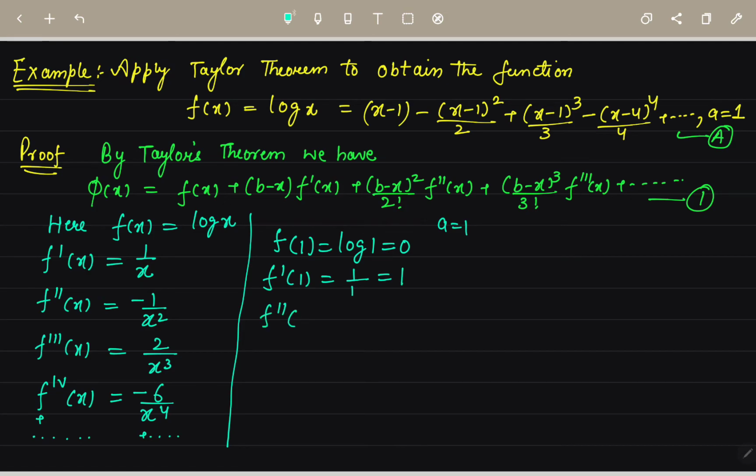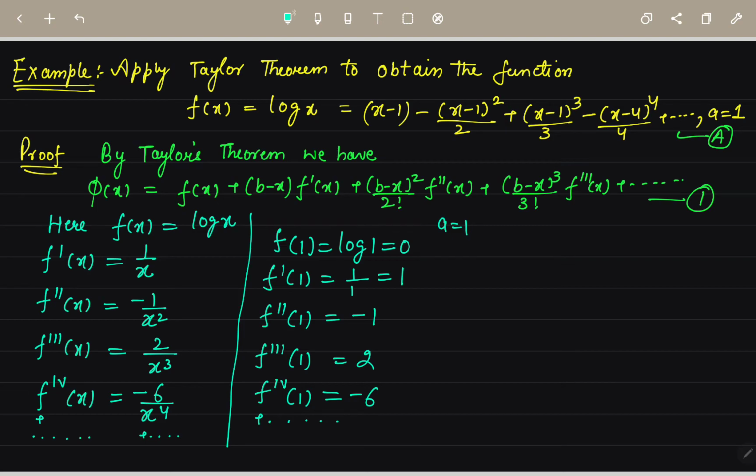Similarly, f double dash at 1 is equal to minus 1. f triple dash at 1 becomes 2, and the fourth derivative at 1 is equal to minus 6, and so on. Now I will use all these values in equation number 1, and from there I will get the main expression.